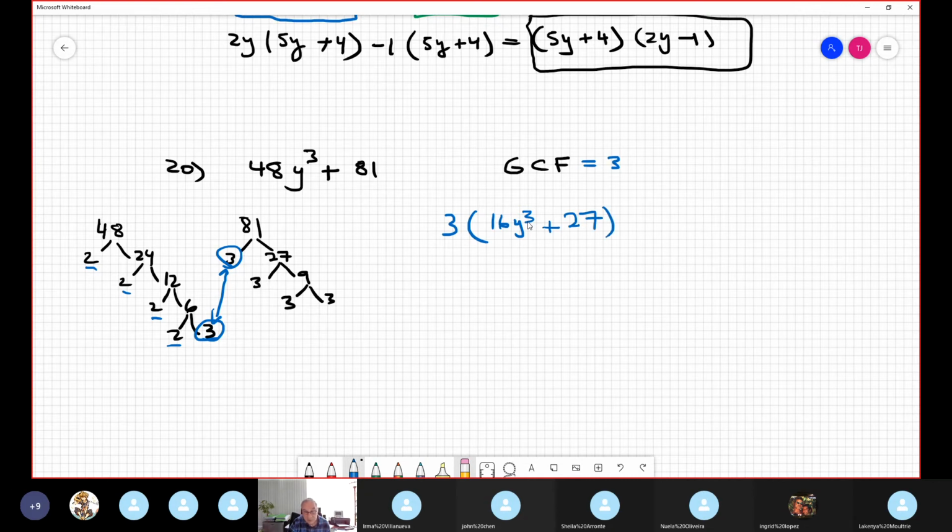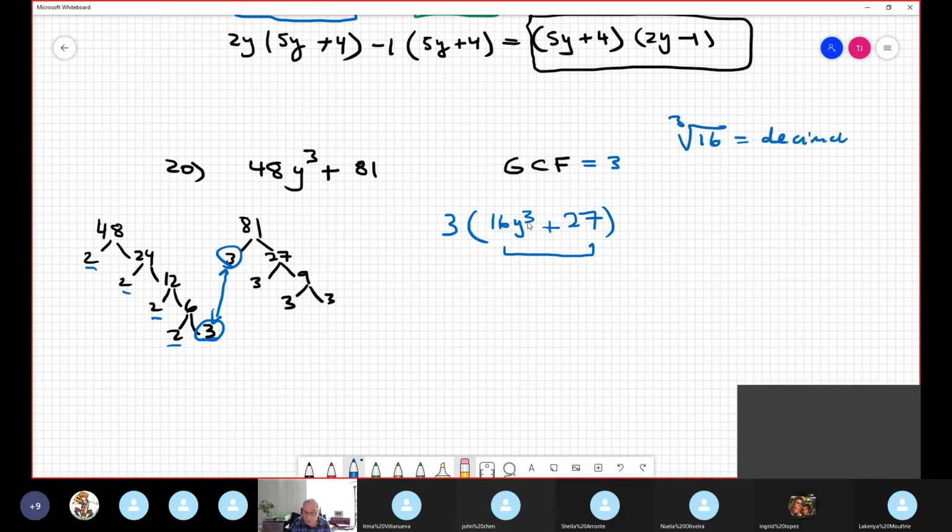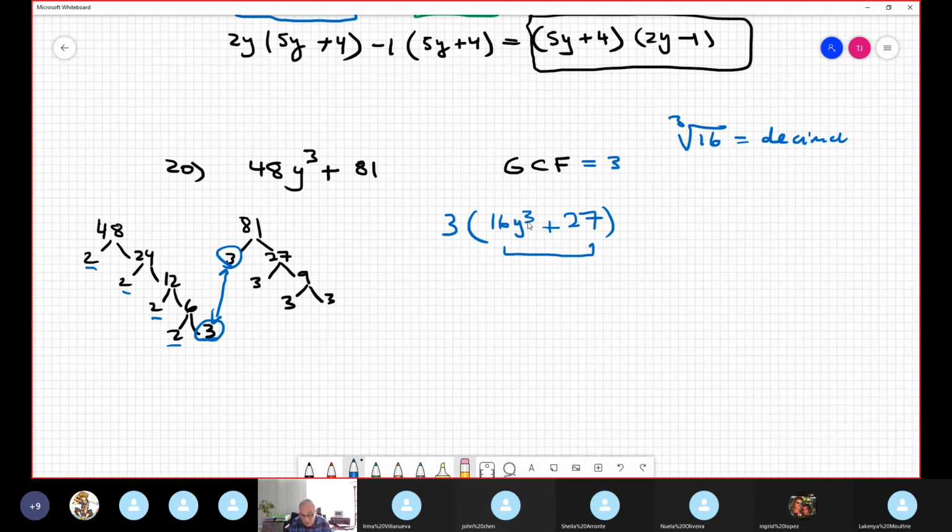Well, in this case, leave it like that. Why? Because you can suppose that this is a sum of cubes, but 16 is not a perfect cube. Sometimes you don't get a happy end.